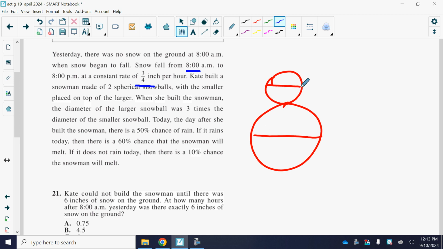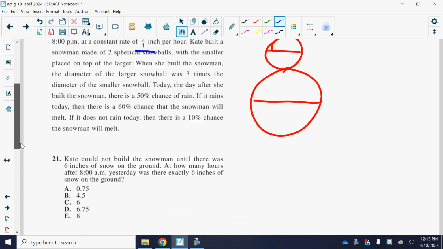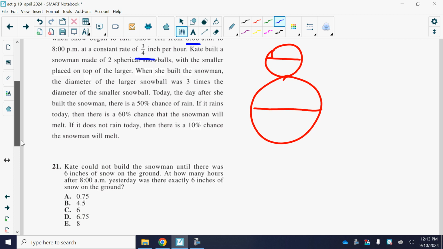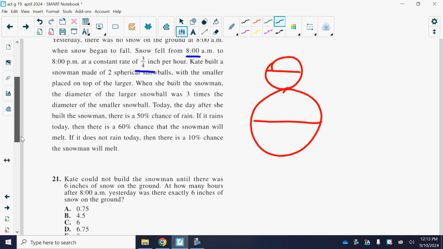And then they're talking about chances of rain and it melting. The questions follow. After how many hours are there 6 inches of snow? So it's going to fall 3/4 of an inch in 1 hour.